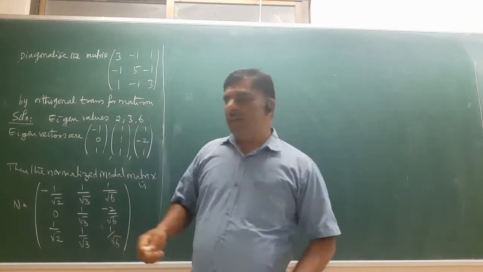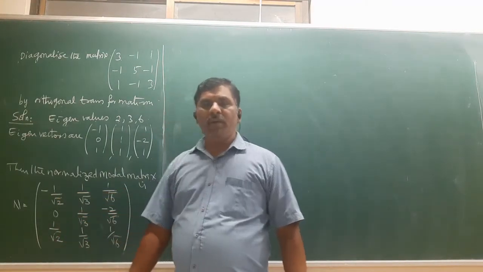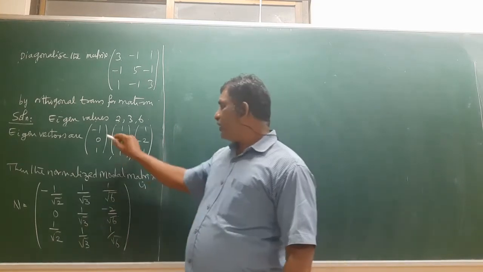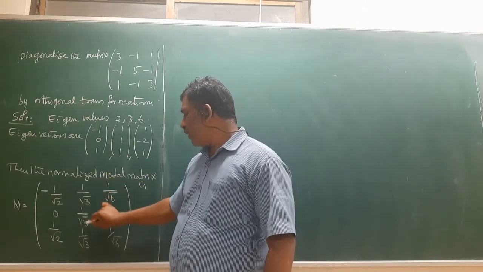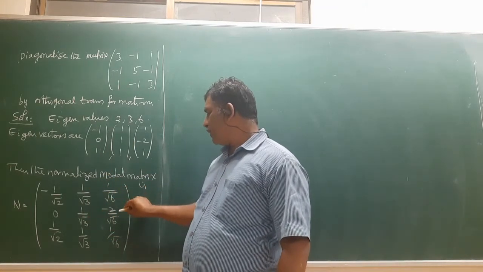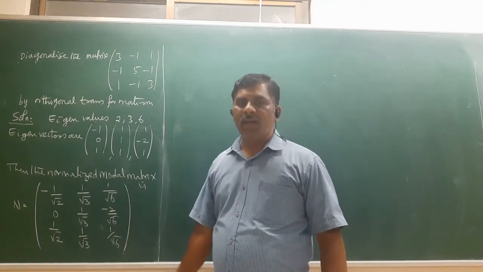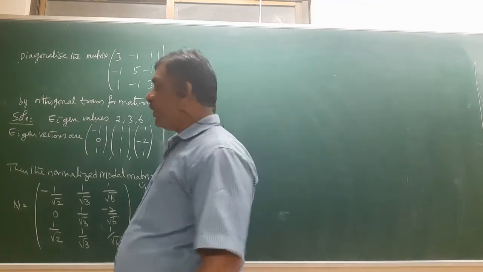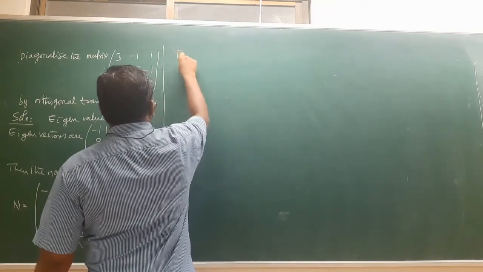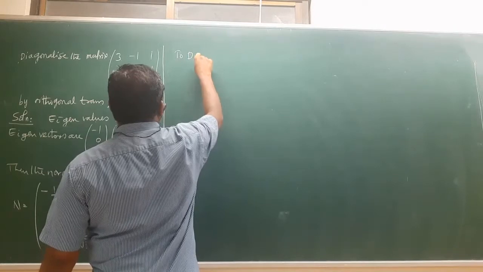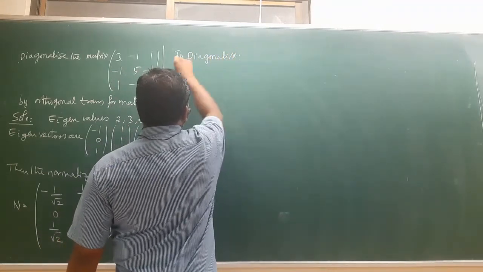See the first row: minus 1 by root 2, 0, 1 by root 2, based on this vector. Second one is 1 by root 3, 1 by root 3, 1 by root 3, and third is 1 by root 6, minus 2 by root 6, 1 by root 6. Already I explained how to find the normalized modal matrix. Now, write the heading: to diagonalize.